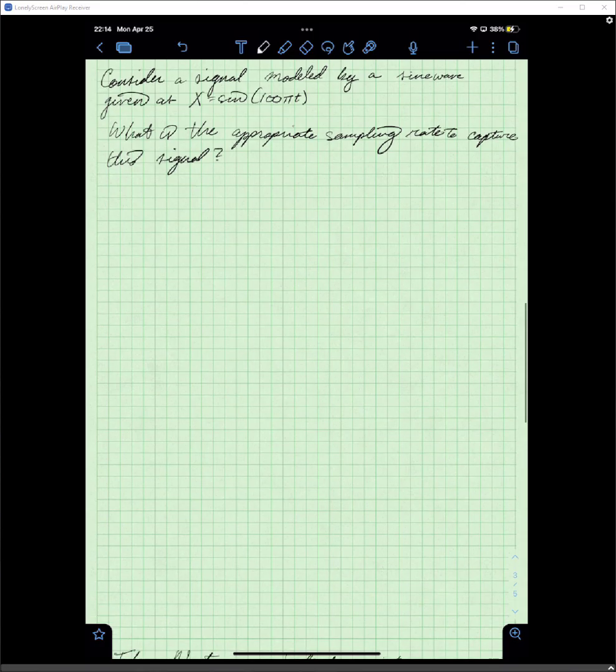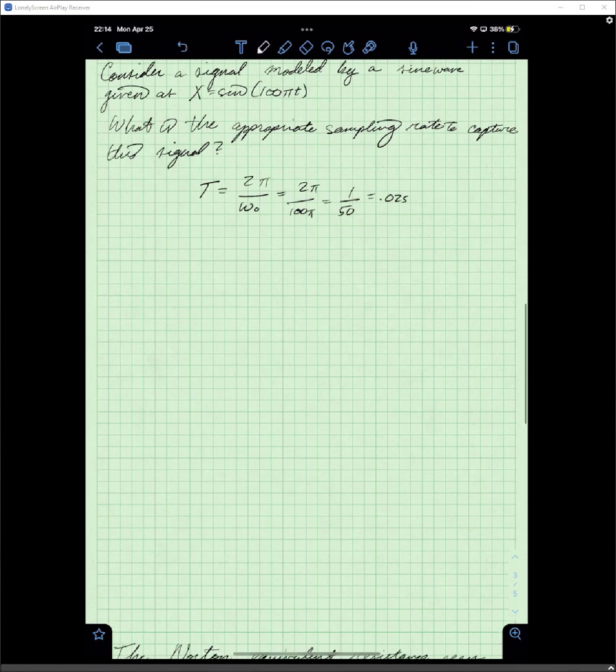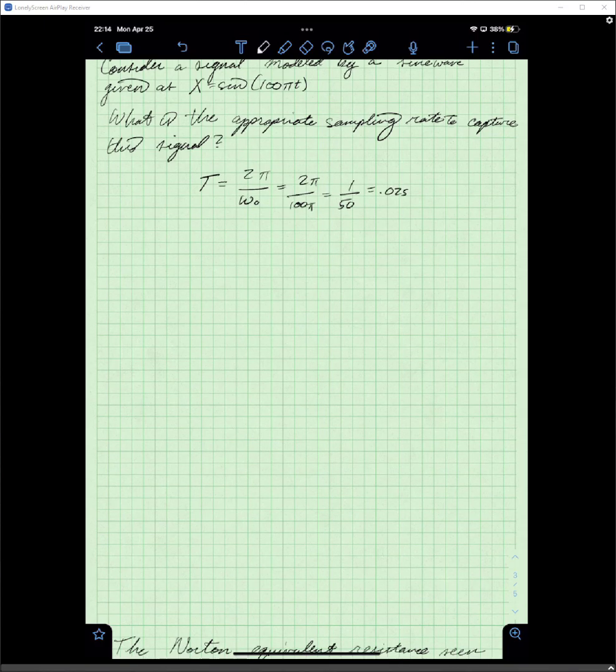So the sine function has a period T, which is equal to 2 pi over omega 0, which is equal to 2 pi over 100 pi, equal to 1 over 50, which is equal to 0.02 seconds. And then the inverse of the period is frequency. So frequency is equal to 1 over T, which equals 1 over 0.02 seconds, which equals 50 hertz.